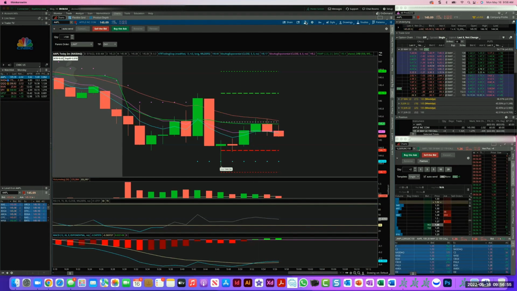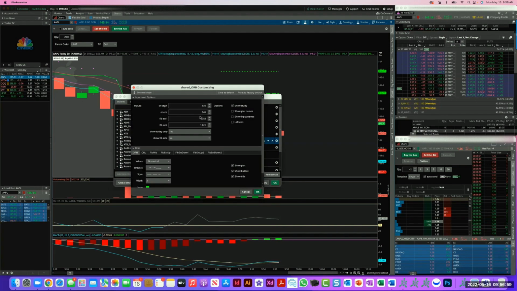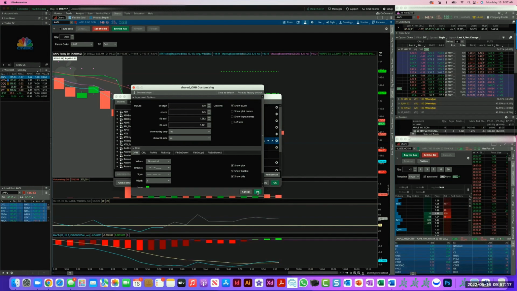The way you use it is on the opening range, we start at 9:30 and we end at 9:45. You can set this to end at 9:40. You can set it to end at 10 o'clock. Doesn't really matter where you have it set, but it needs to fit your trading style.